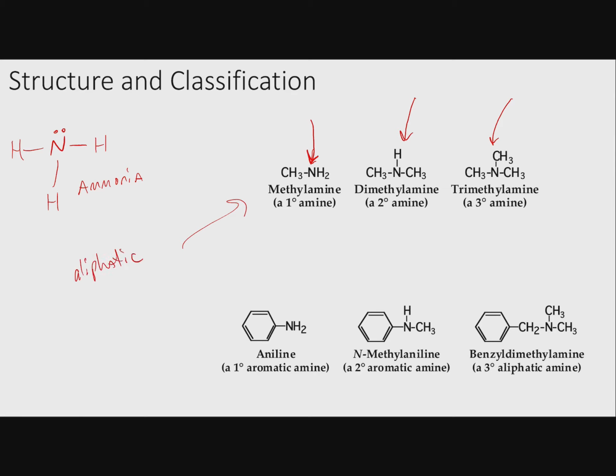Now, the other kind of amines are aromatic amines, and these are the ones in which one or more of the groups that are bonded to the nitrogen are aryl groups. Remember aryl? We'll just call it aromatics. So here you can see there's a benzene on this nitrogen. I don't have another structure to show you of some more of the different kinds of aromatic amines, but I guess I could draw one.